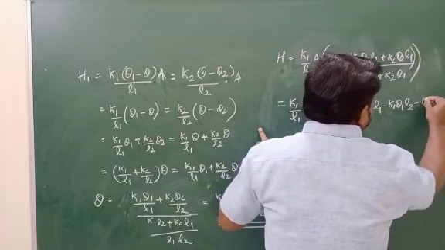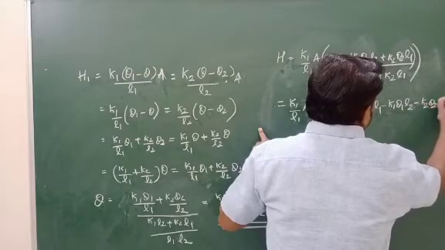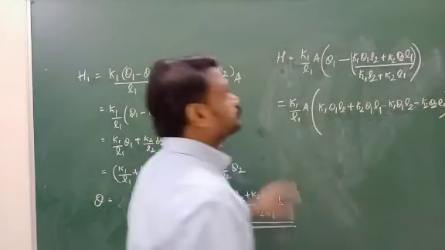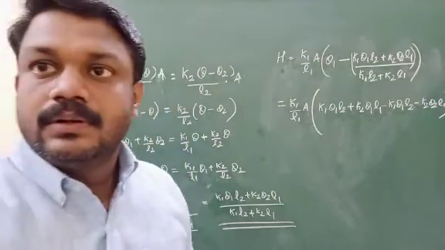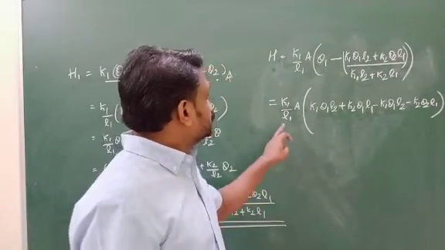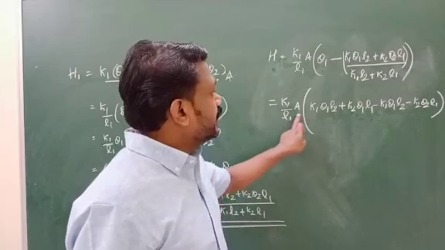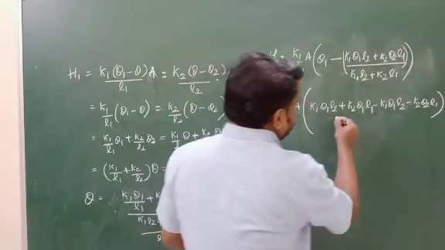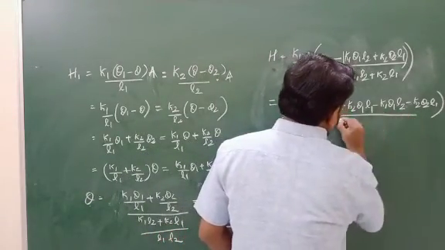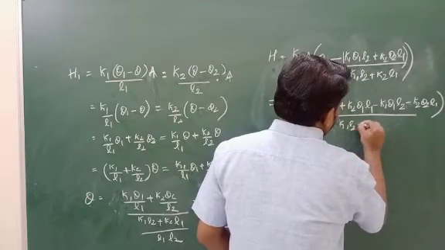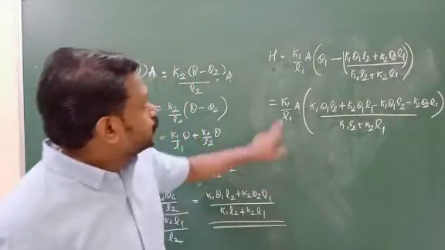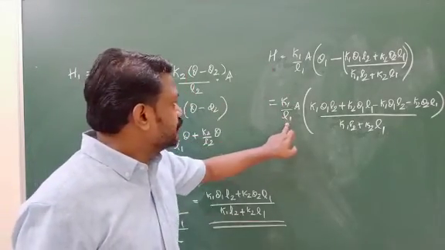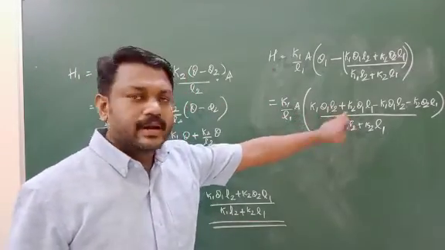So minus K2 theta 2 L1. Any doubt? Okay, so K1 by L1 A into, divided by K1 L2 plus K2 L1. So H will be K1 by L1 into A, numerator and denominator.